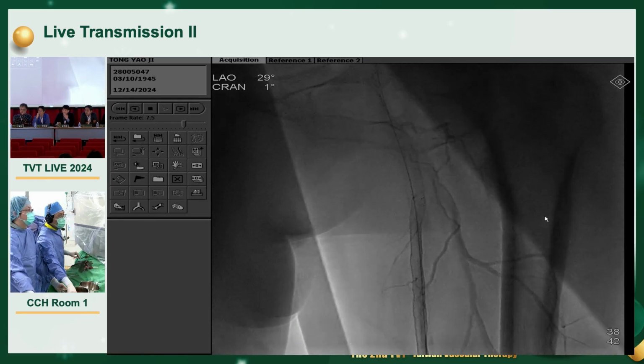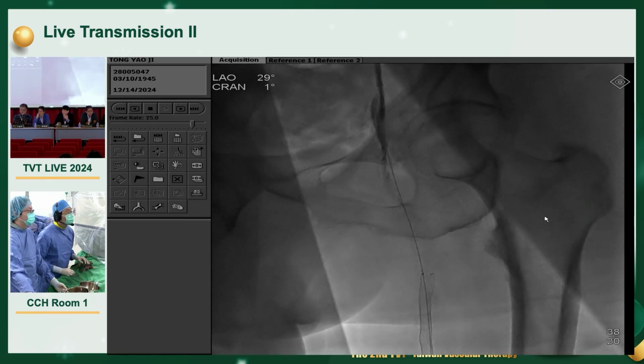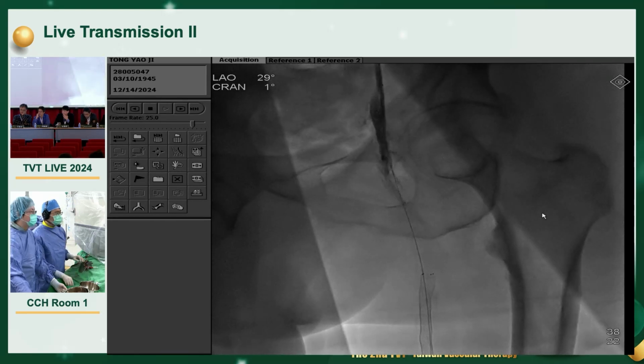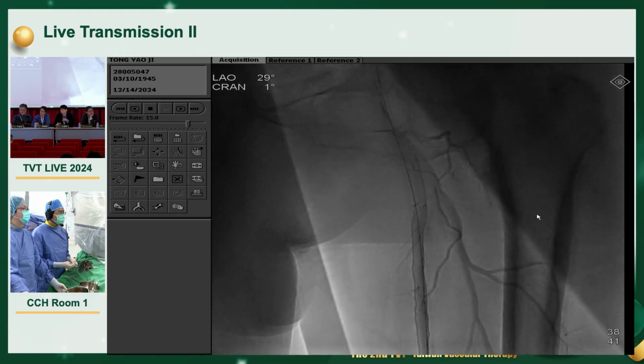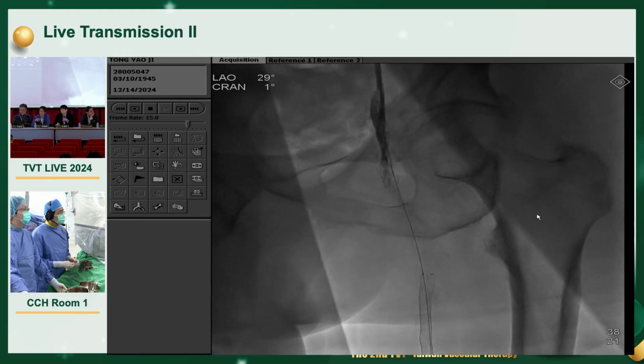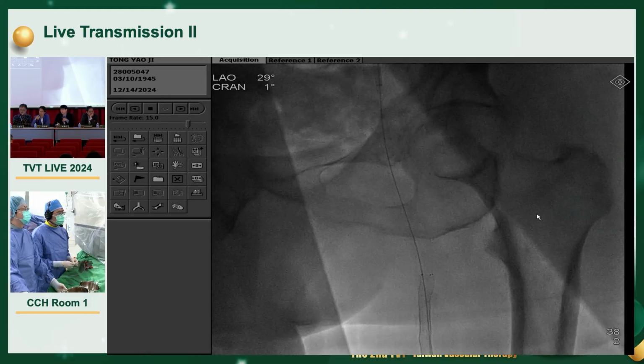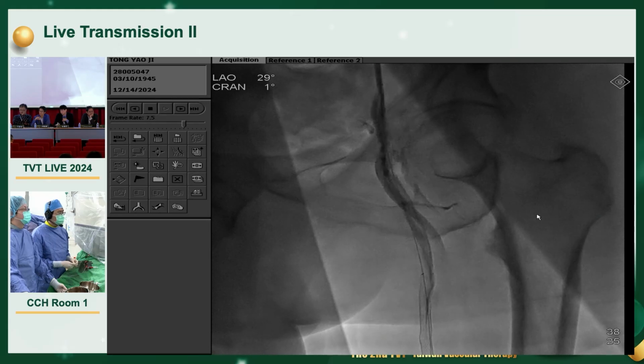Or 100. This lateral view is not well defined for the ostium. The previous frontal view, I think it's better.